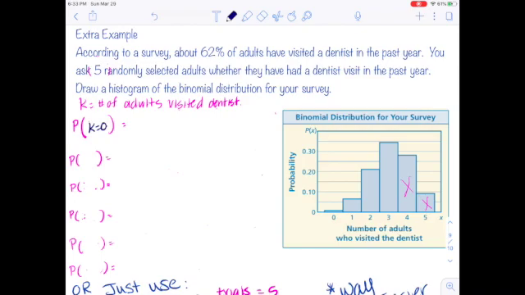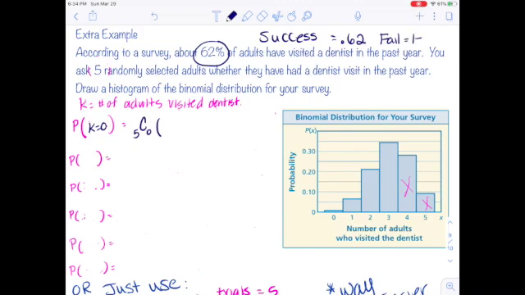So when K is equal to 0, we're going to calculate the probability of 0 adults that you asked went to the dentist. So 5 choose 0, plug it into your formula, times the probability of success. And success probability, we're going to use 0.62.